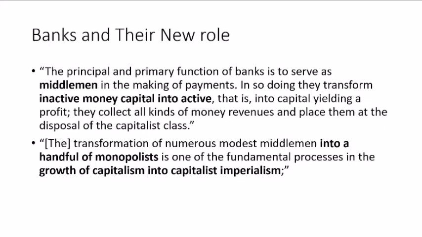In so doing, they transform inactive money capital into active, that is to say, into capital yielding a profit. They collect all kinds of money revenues and place them at the disposal of the capitalist class. The transformation of numerous modest middlemen into a handful of monopolists is one of the most fundamental processes in the growth of capitalism into capitalist imperialism.